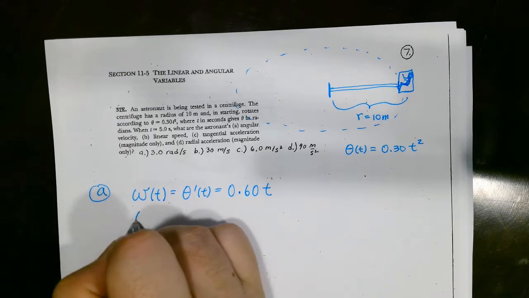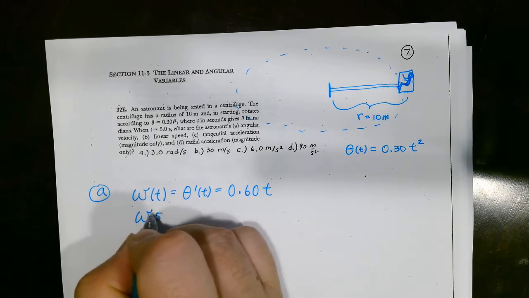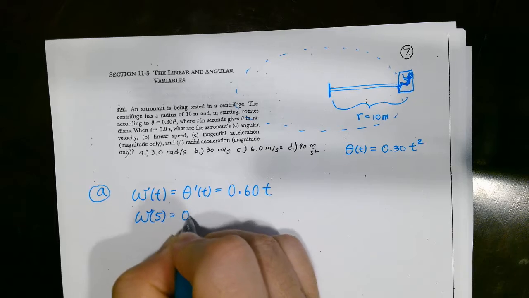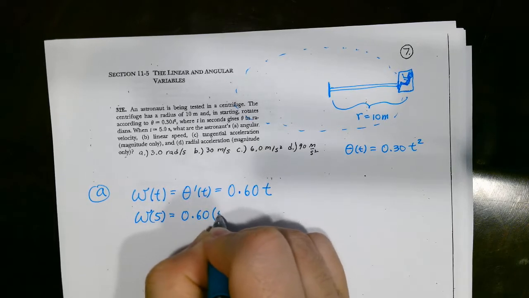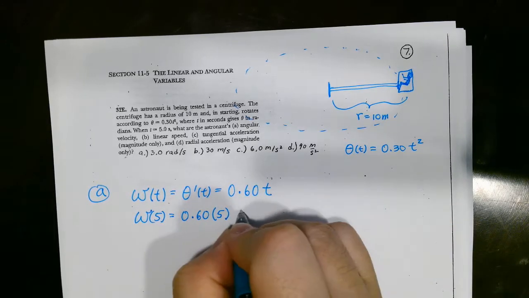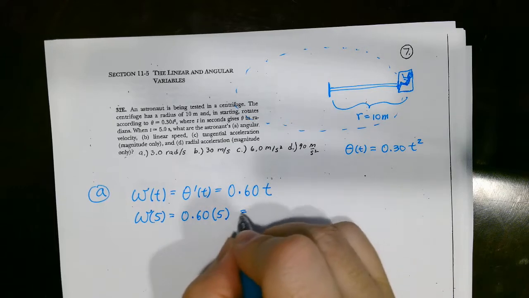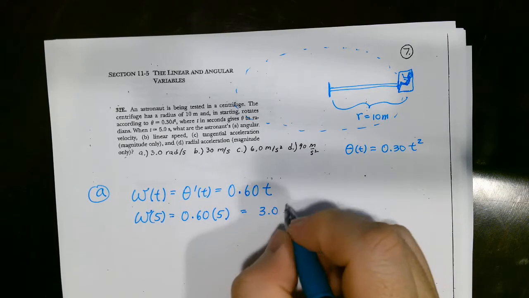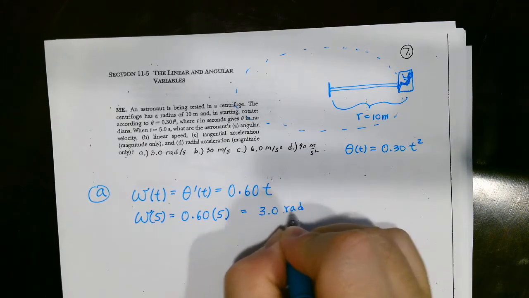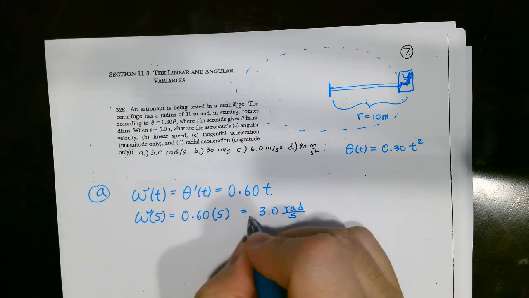Therefore, omega of 5 seconds is equal to 0.60 times 5, which happens to be 3 radians per second.